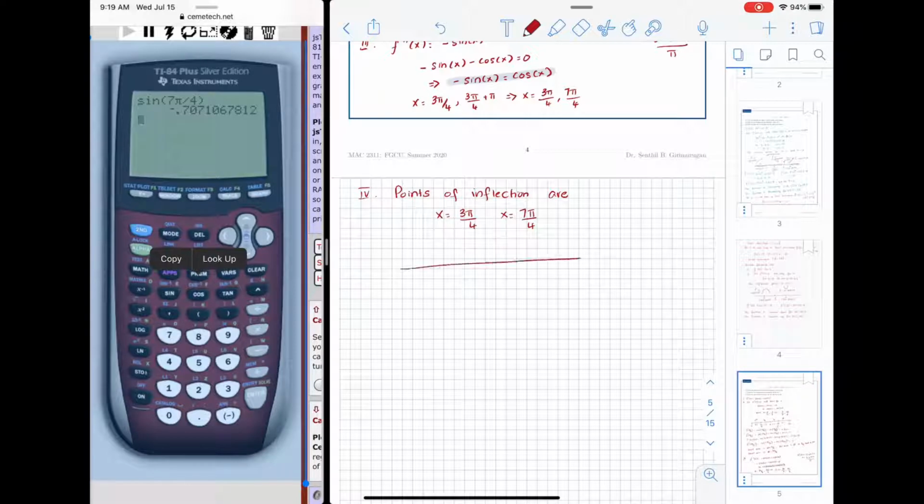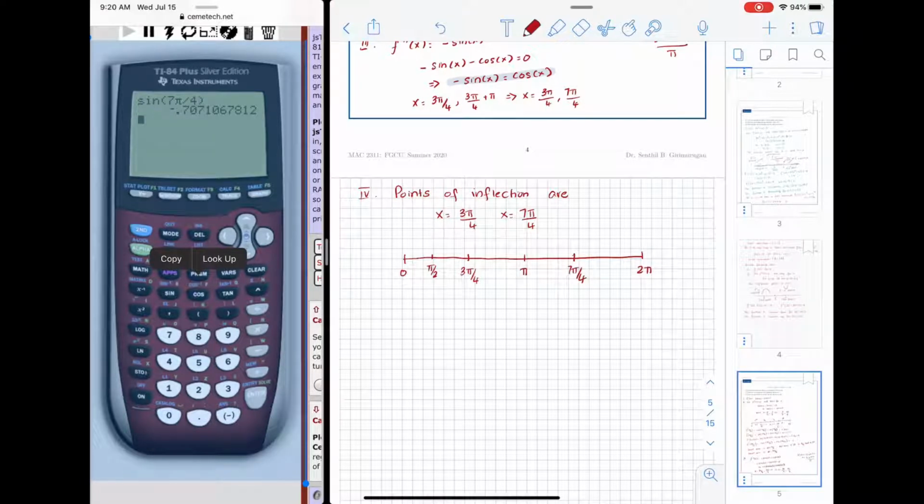So the domain is between 0 and 2 pi. I have 3 pi over 4, pi is over here, 7 pi over 4. We have to pick an easy number between 0 and 3 pi over 4. I'm going to pick pi over 2.